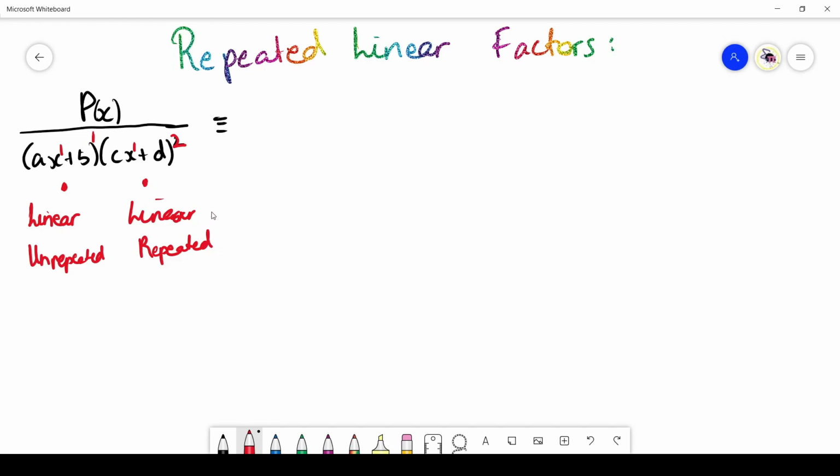To identify if something is linear or non-linear, quadratic, what you're looking at is what's within brackets. And if you're trying to identify if something is unrepeated or repeated, what you're looking at is the power outside of your brackets.